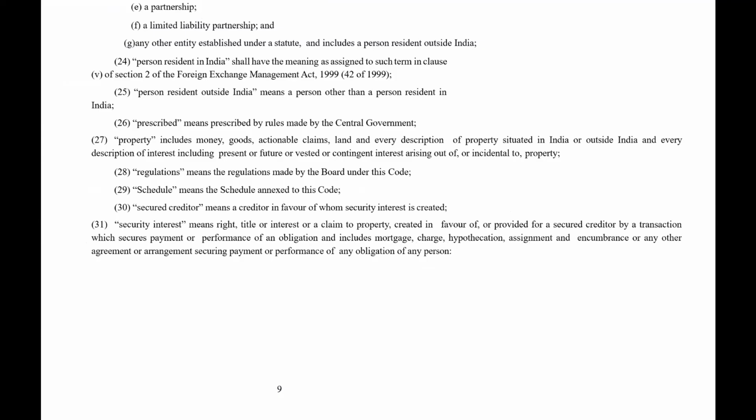Regulations means regulations made by the board. Schedules means the schedule annexed to this code. Secured creditor means a creditor in favor of whom a security interest is created.